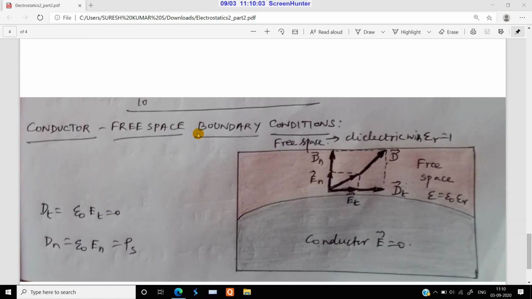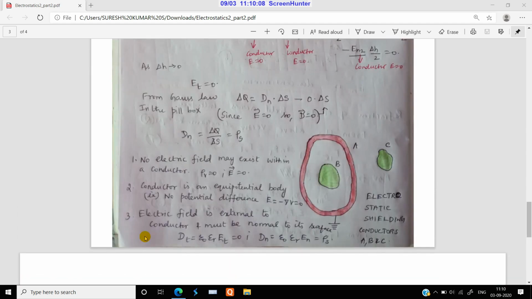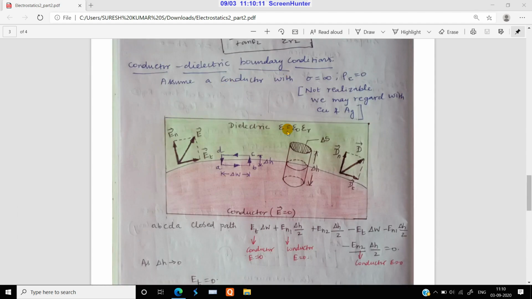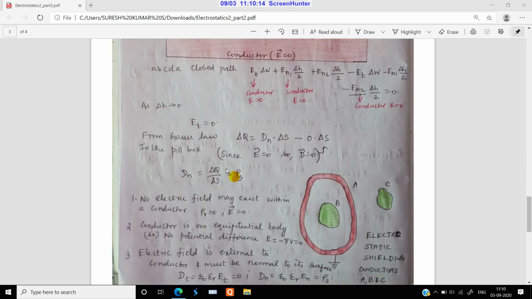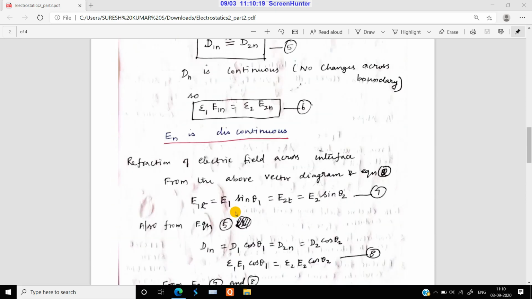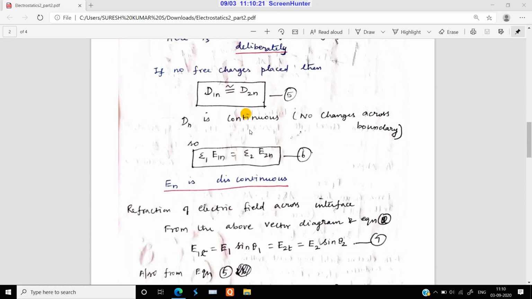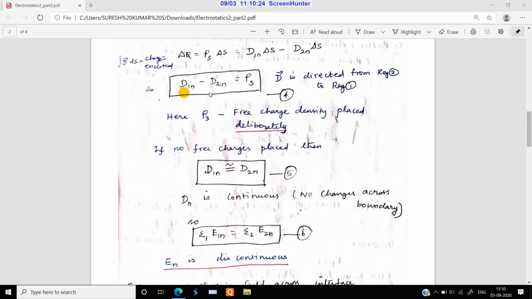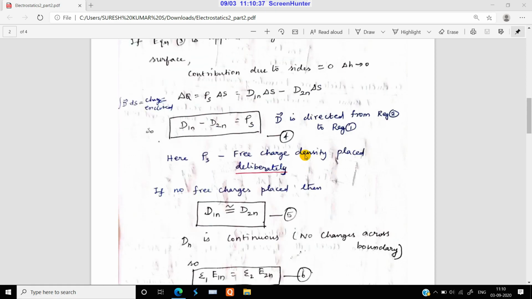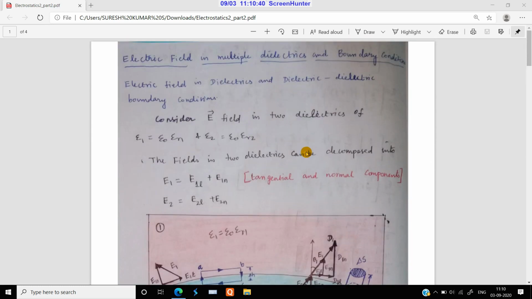In the conductor free space boundary conditions, the normal component is going to be equal to rho s. For the conductor dielectric boundary conditions, the same boundary conditions are going to be applied, and the difference of the two flux densities is equal to the charges which are accumulated along the surface. So this is the conclusion we are going to draw from this particular discussion.